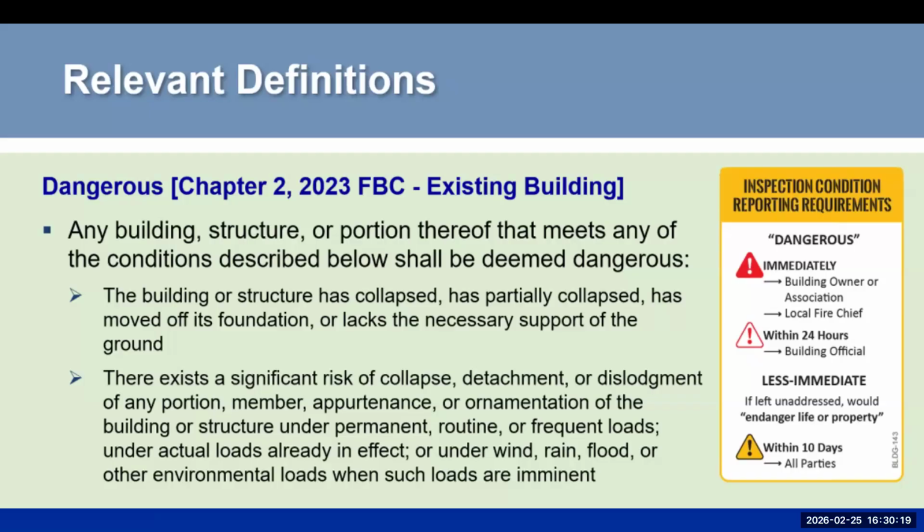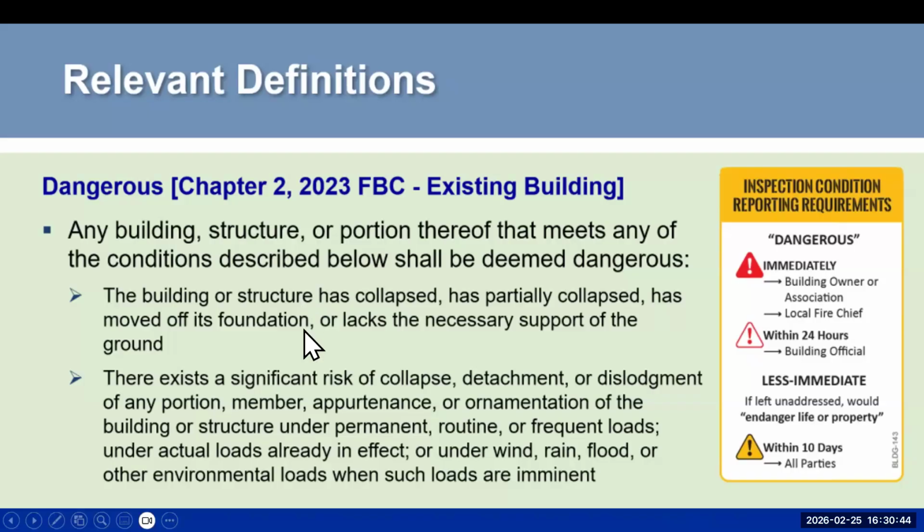There are various definitions in laws and codes of practice in various different places. So, for instance, we have here the FBC about existing buildings. Any building structure or portion thereof that meets any of the conditions described below shall be deemed dangerous.